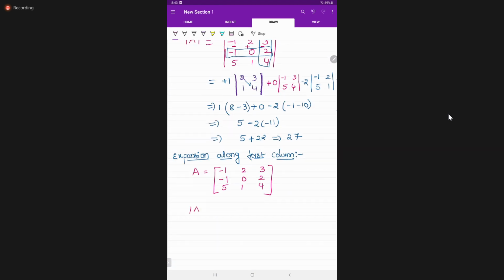Det of A is equal to det of minus 1, 2, 3, minus 1, 0, 2, 5, 1, 4. Tell me the signs, students. Plus, minus, plus, minus, plus, minus, plus, minus, plus.